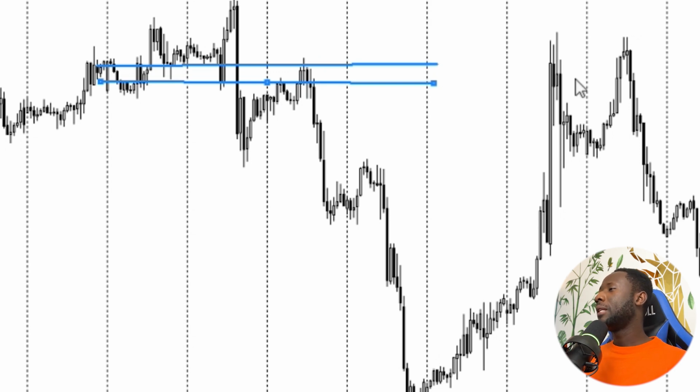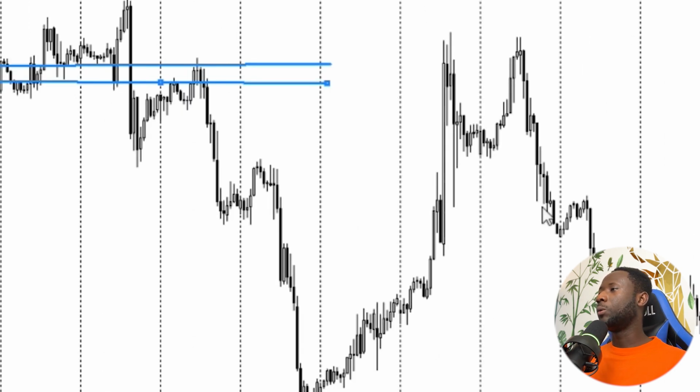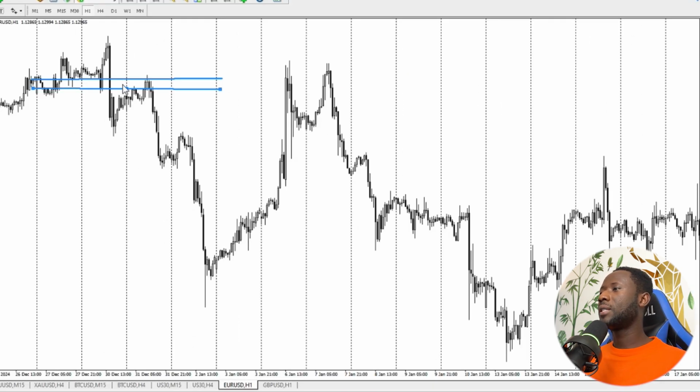All right, now what about this zone 2? What you could have said is, let's use these same lines. Move this one here. You see, this zone here, market came around this area.